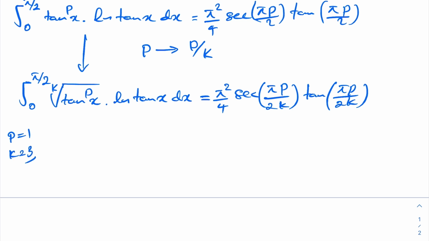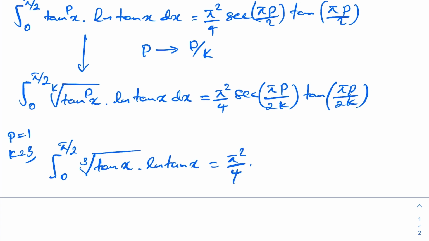When p equals 1 and k equals 3, we know our integral from 0 to pi over 2, k we know 3, so cube root of tan of x times natural log of tan of x is equal to, here pi squared over 4 times, now here we know pi over 6, we know secant of pi over 6 is equal to 2 over square root of 3 times here tan of pi over 6, we know 1 over square root of 3.